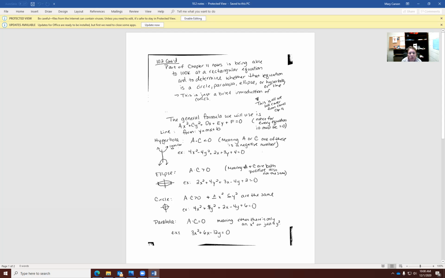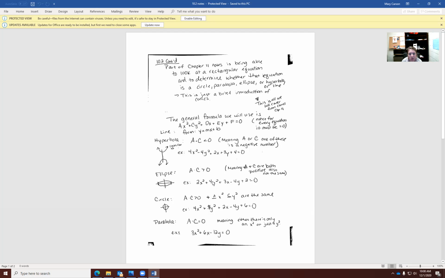If you get it into the rectangular form and your a and your c, meaning the numbers in front of x squared and y squared, are negative, if you multiply them, obviously this is 4 times negative 4, that means it's going to be a hyperbola. If the numbers in front of your x squared and your y squared are positive, it's an ellipse.